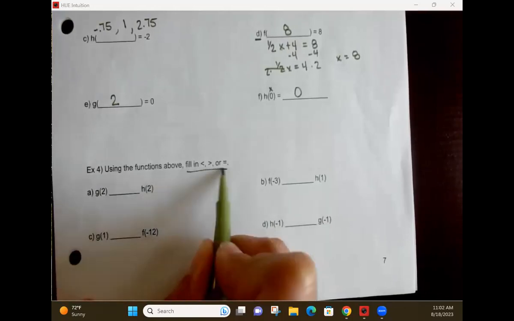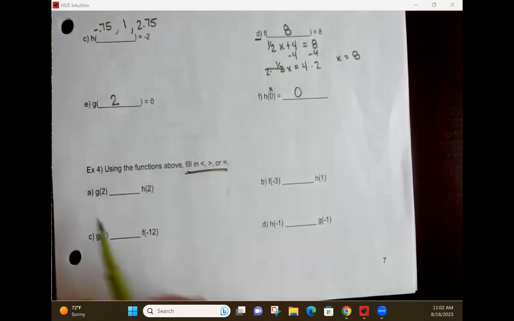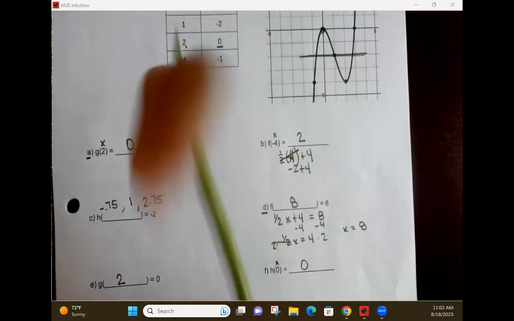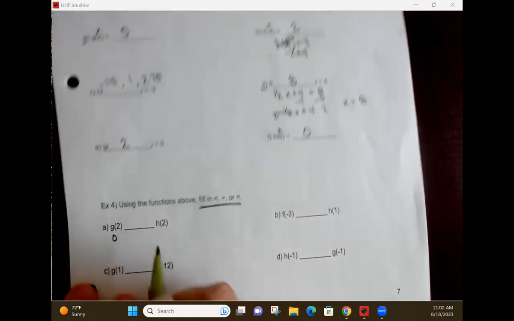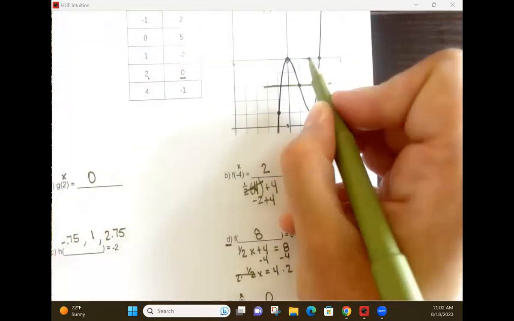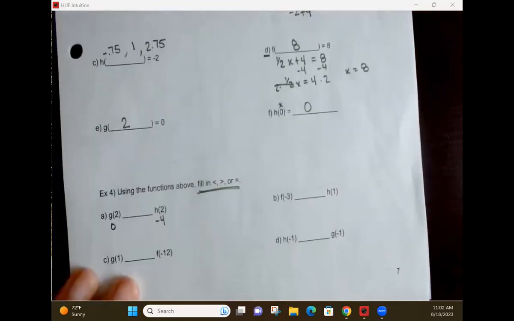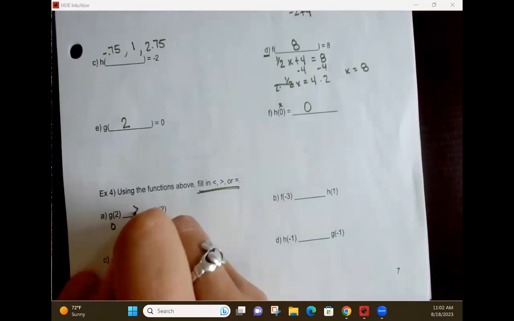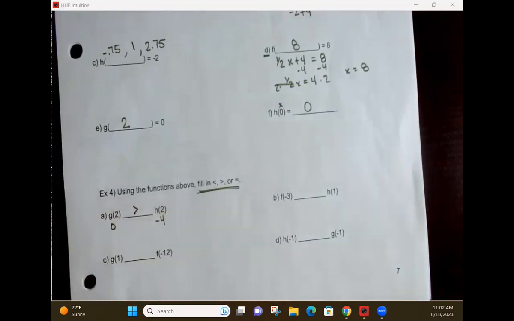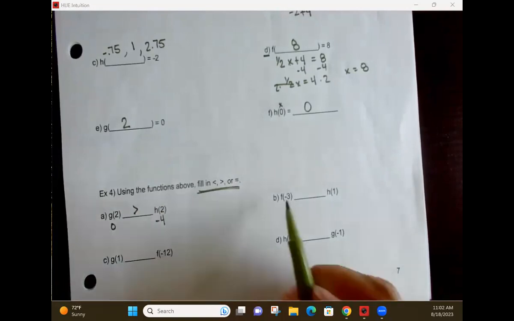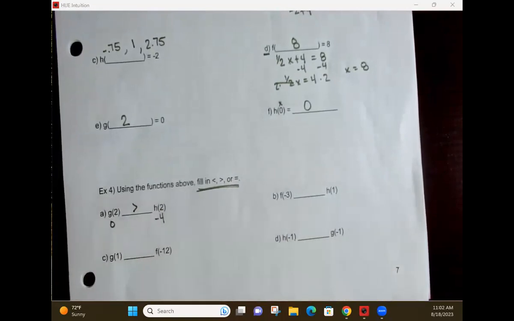And you're going to fill in that blank with one of these symbols, okay? g of 2 is 0. h of 2 is -4. We are going to compare those values. 0 is greater than -4. So I fill in that 0 is greater than -4. Does that make sense? Function values, not the inputs, but what are the outputs? I want you to compare.